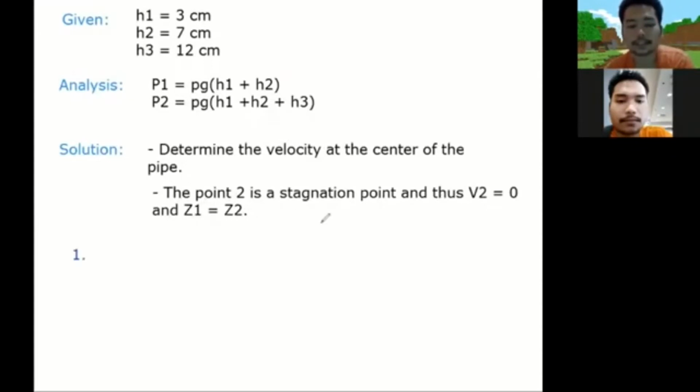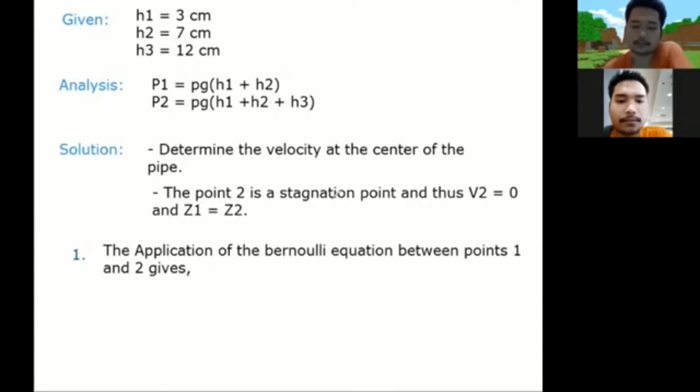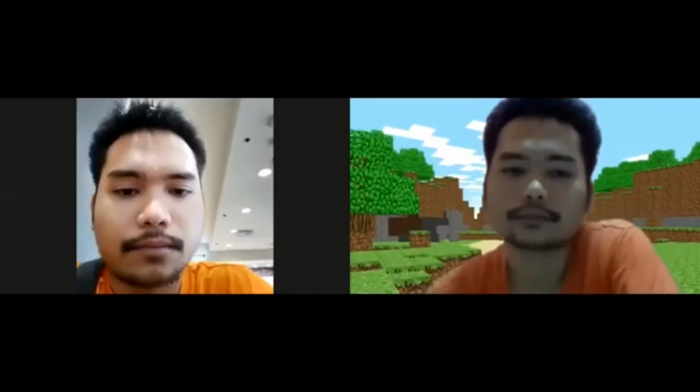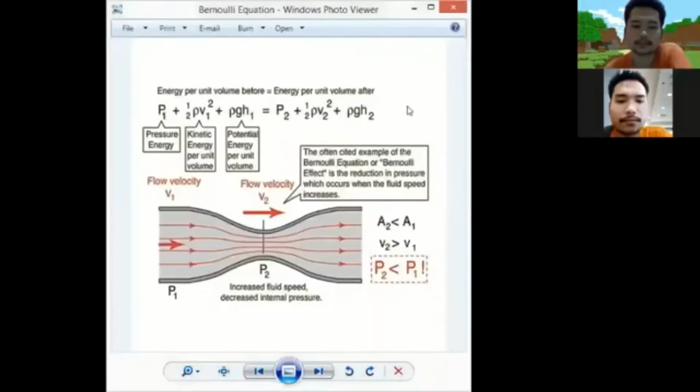Our solution is the application of the Bernoulli equation between points 1 and 2. This is the general common formula.